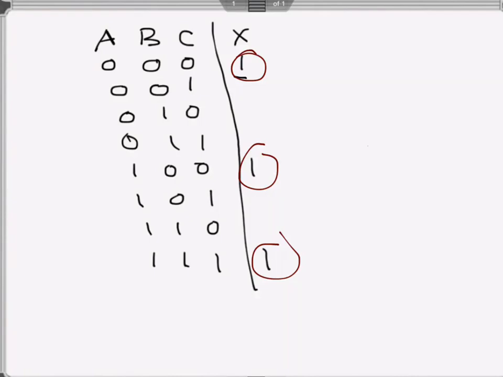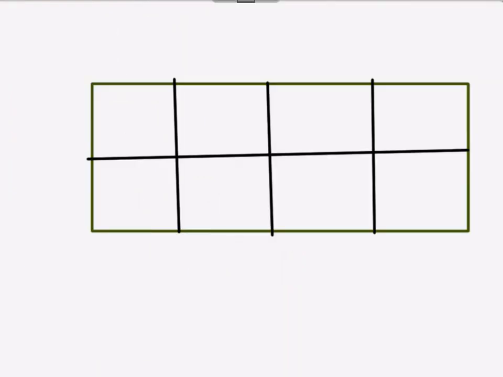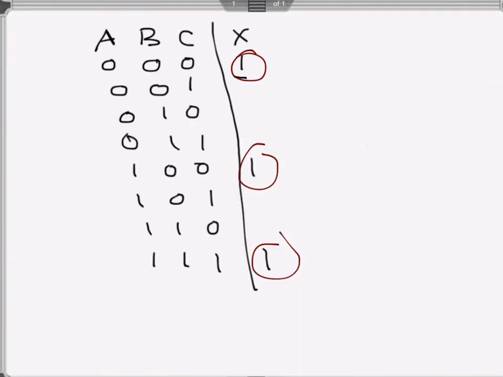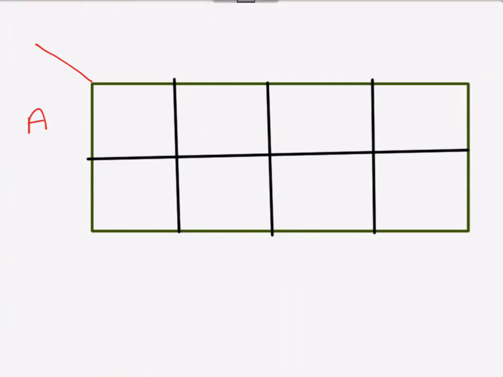So we will see what each cell of a K-map represents. Let's say this is the K-map here, which is a 3 variable one. So we are saying this is A here, which is the most significant, and this is A bar.